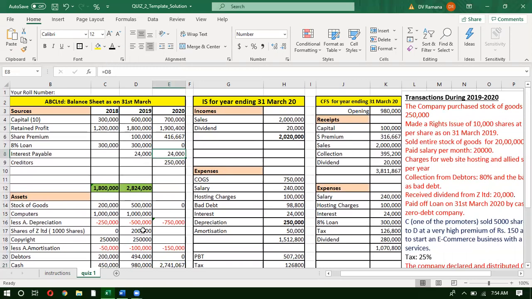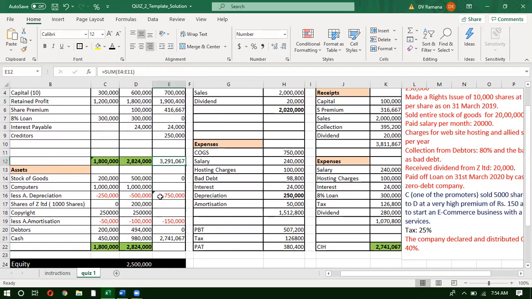That means we assume that this has not been paid. And so the summation of sources should be equal to the summation of assets. No change in the shares, no change in the copyright, no change in the computers. So the summation of the sources is equal to the summation of assets. So the balance sheet also tallies.